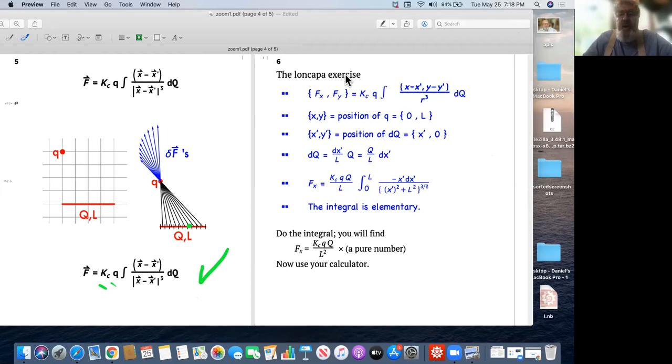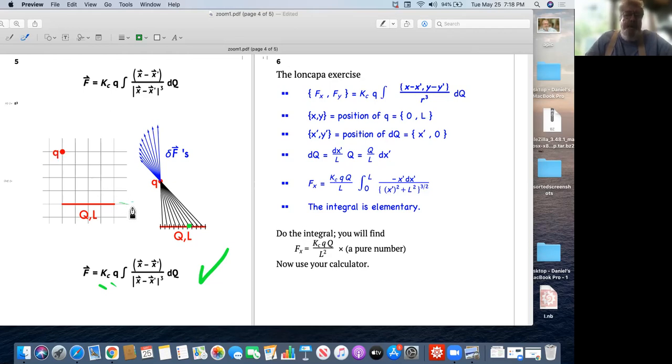F is a vector, so I'll have two components. I'll call them fx and fy. And x minus x prime is a vector, so it'll have two components, x minus x prime and y minus y prime. Everything takes place in the xy plane, so there's no z in this problem.